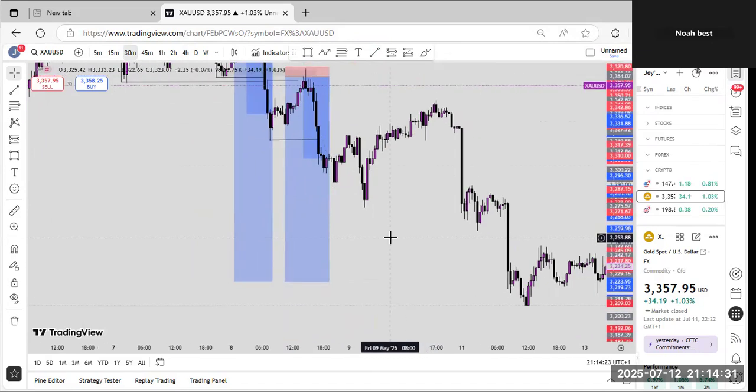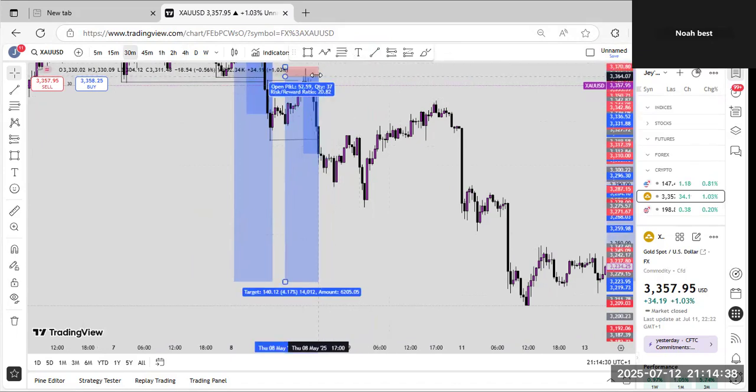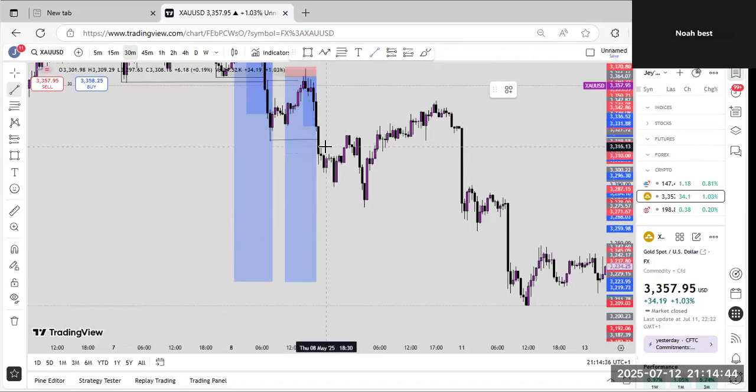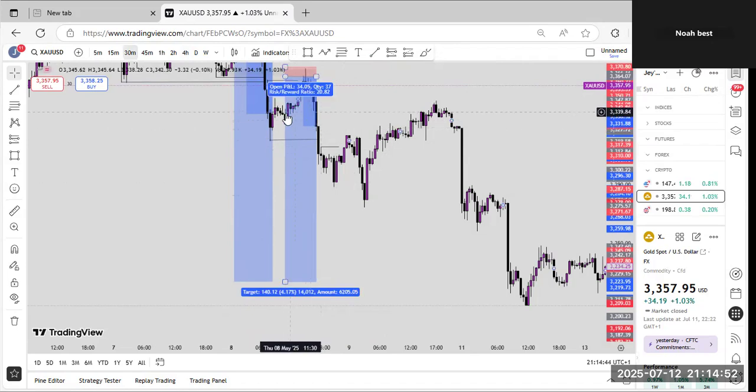For me, I would have used this particular wick here as my inducement. I would have used here as my inducement, and would have also used here as my breaker.